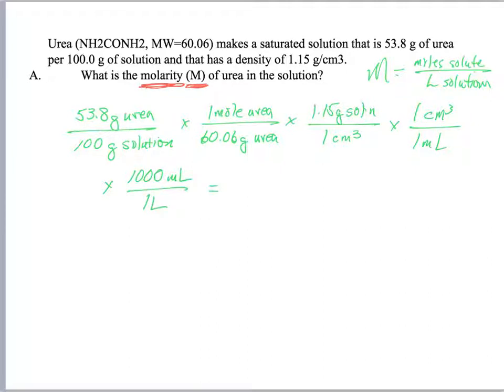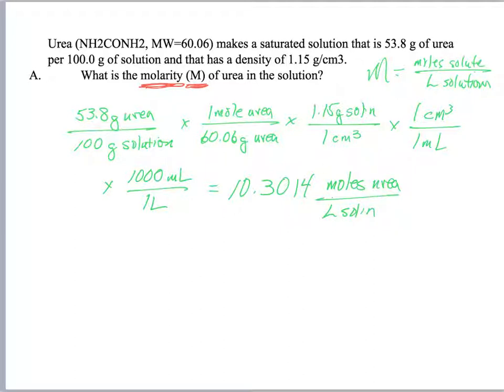And when we multiply that out, you get 10.3014 moles of urea per liter of solution.